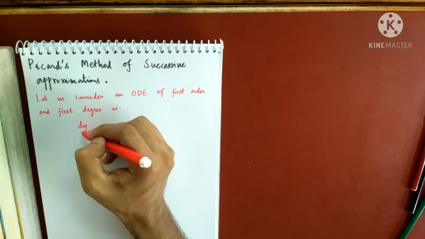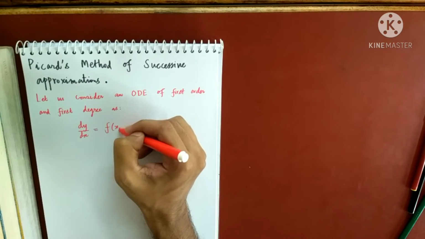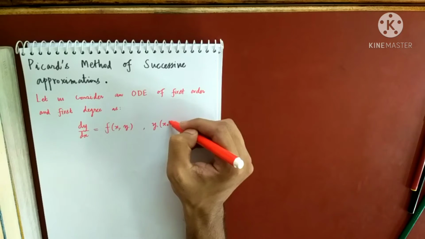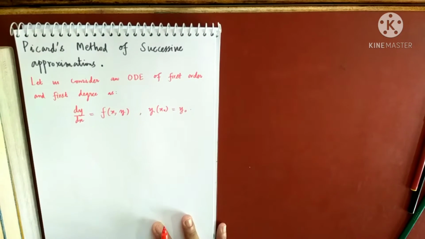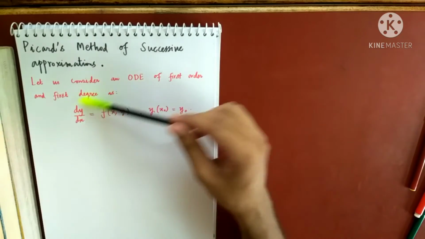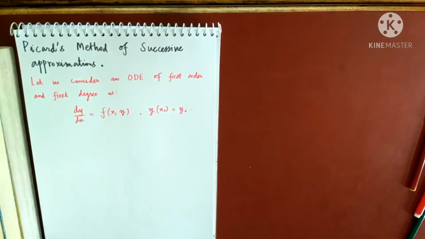So this is the first order and this is the first degree, and y at the point x naught is y naught. So we have to solve this initial value problem using Picard's method of successive approximation.